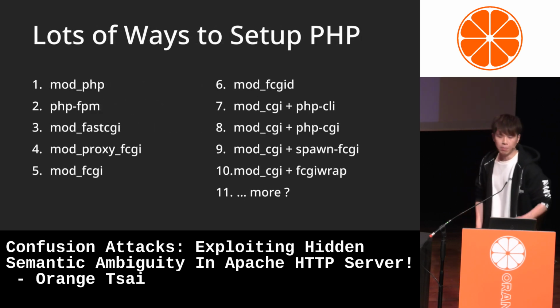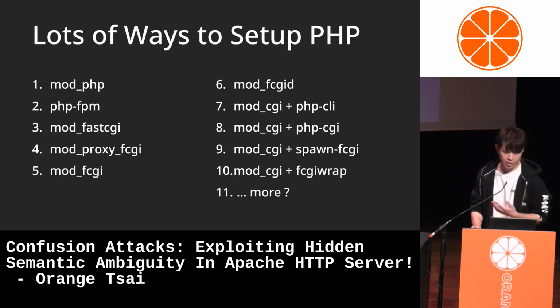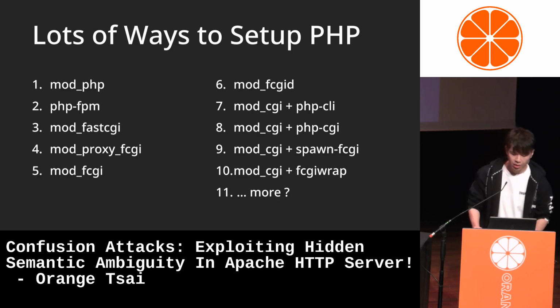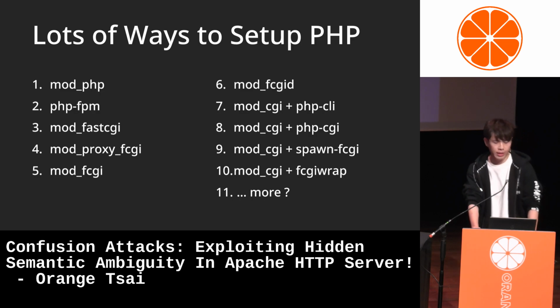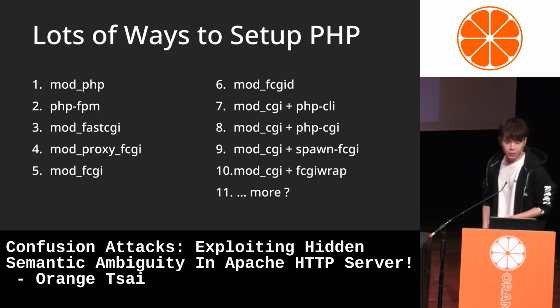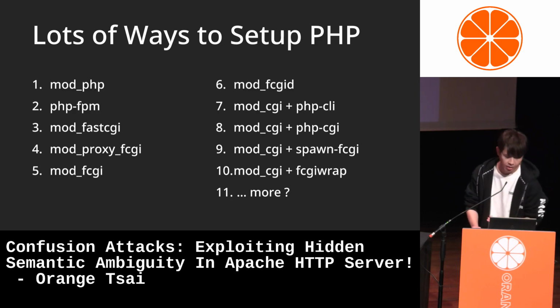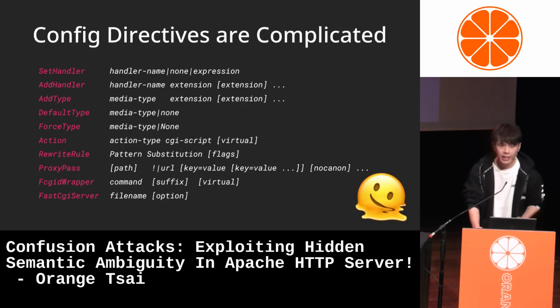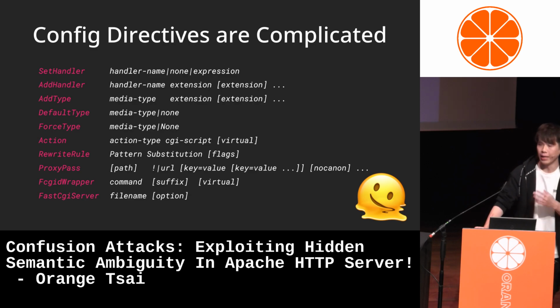Since Apache and PHP were born almost in the same year, Apache was the first choice to use PHP in the early days. Apache also made several customizations for PHP, which led to several ways to configure PHP. For example, just for the FastCGI protocol, there are over 6 different modules to choose from. Especially, each module has different directives.